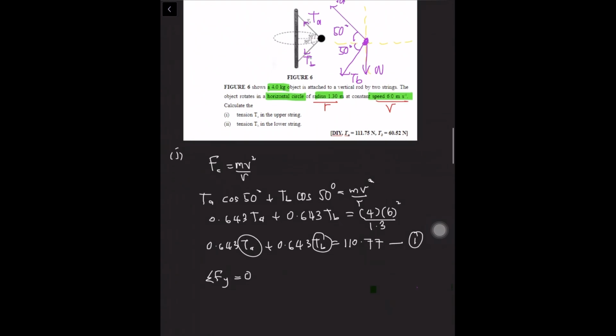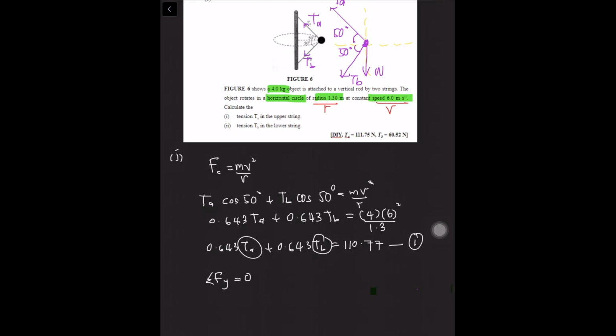So for Fy we have TA sine 50 degrees minus TB sine 50 degrees minus weight equal to 0. Why is it minus here? Because the direction of TBy and weight is downward.